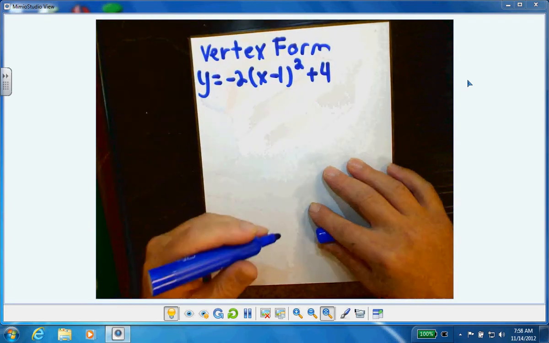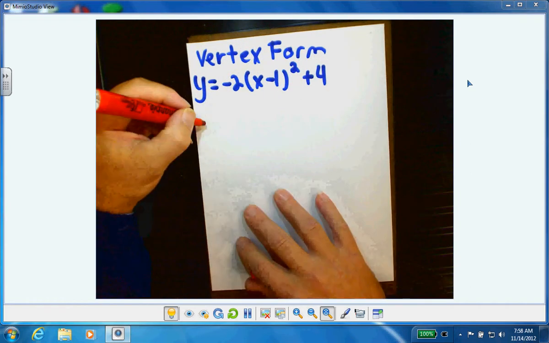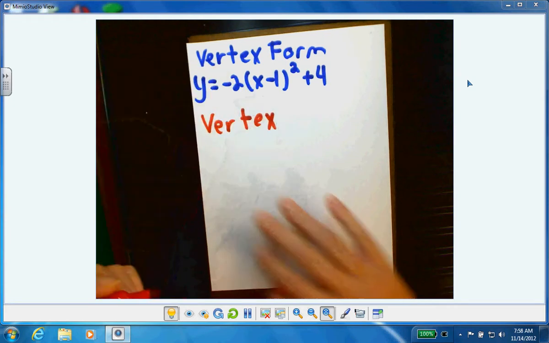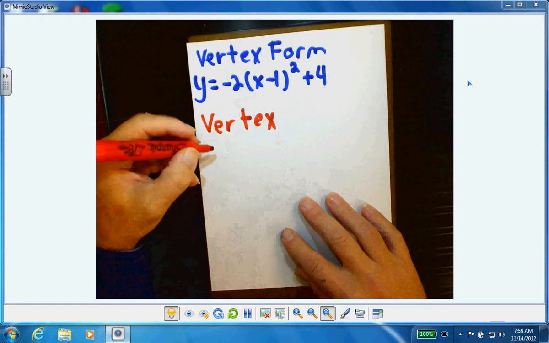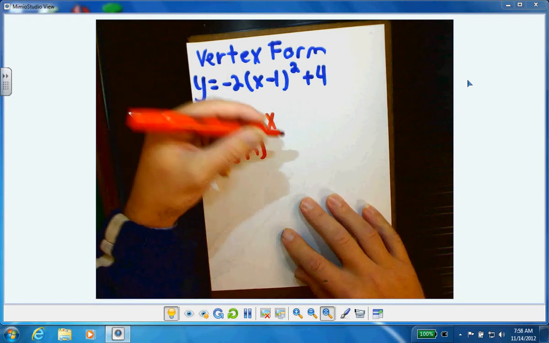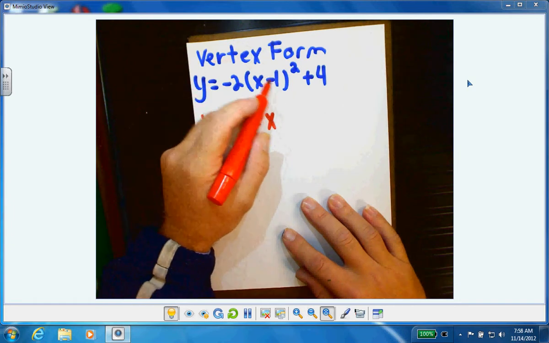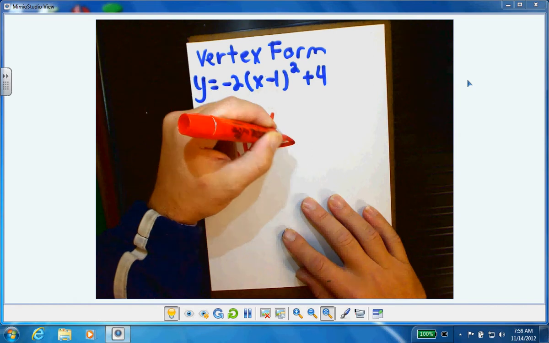The question that I have for you now is, what is the vertex? Well, remember the vertex is (h, k), and you will remember from yesterday that this minus 1 is the opposite of whatever h is supposed to be.